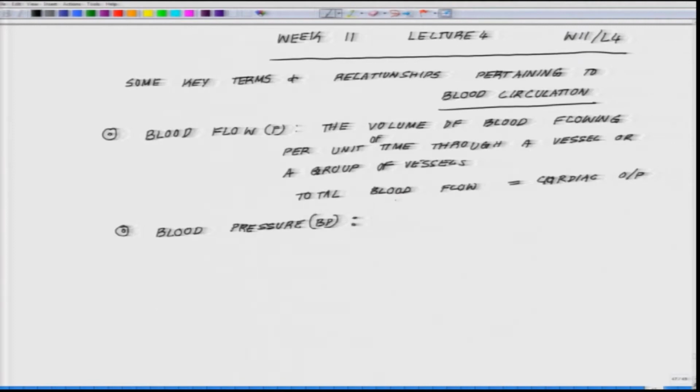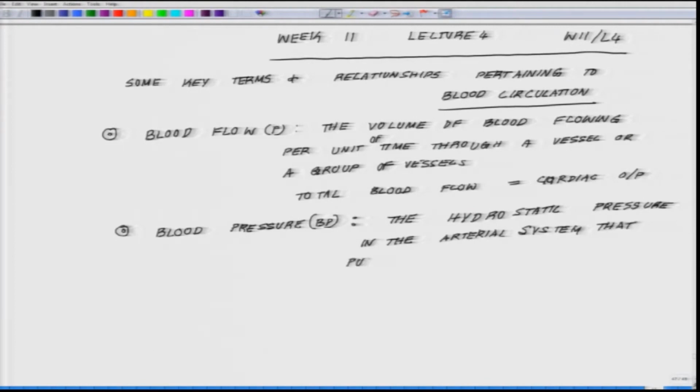The hydrostatic pressure in the arterial system that pushes blood through capillary bed.